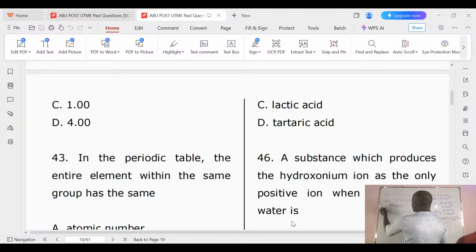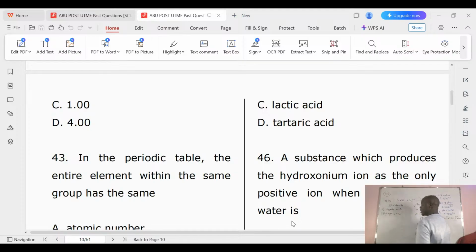Number one, we have organic acids. What is an organic acid? An organic acid is an acid that is usually found from living organisms. So it's an acid from living things. Number two, we have inorganic acids.